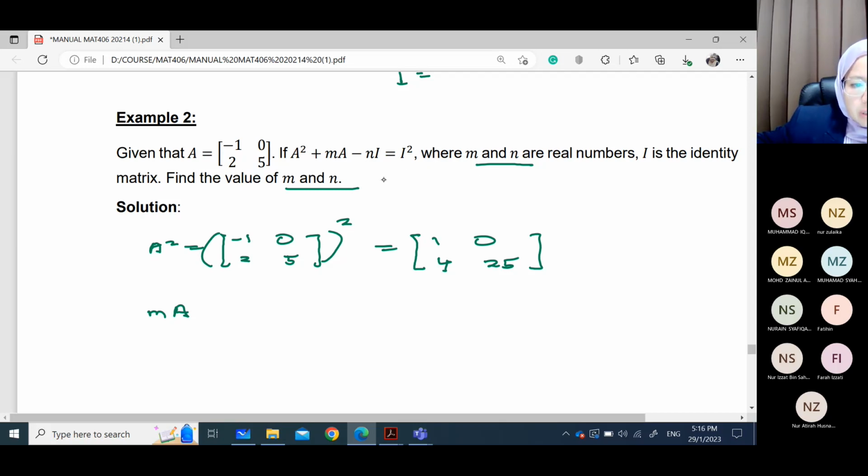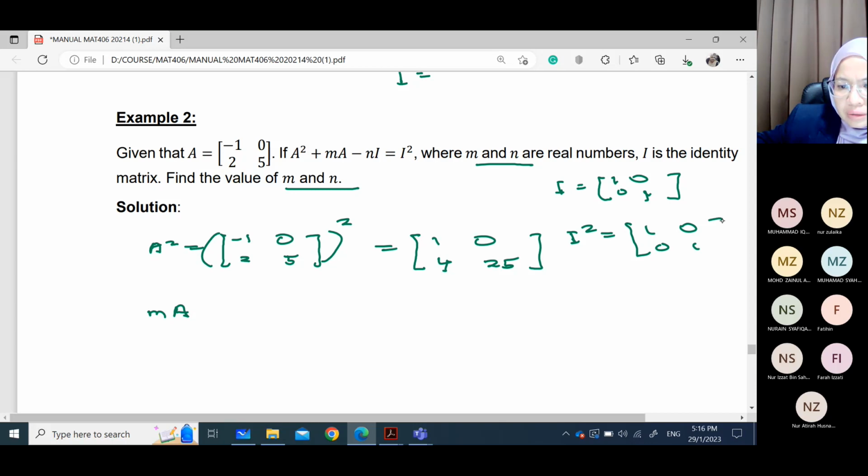So untuk I ni kita boleh nyatakan yang I ini adalah identity which is 2 by 2 matrix which is 1, 0, 0, 1. Okay. So kalau I squared sama juga dengan 1, 0, 0, 1 to the power of 2, the whole thing to the power of 2.